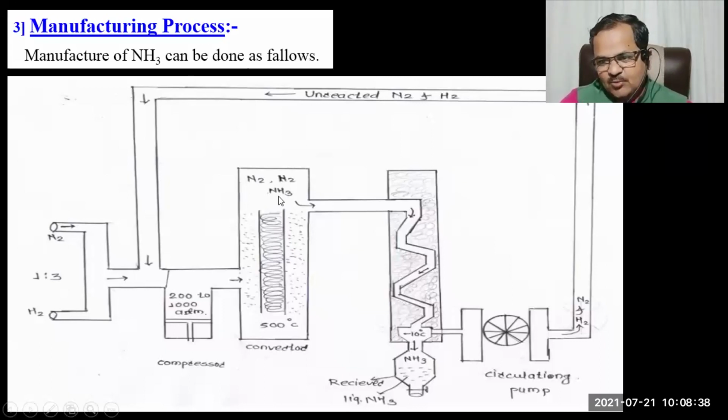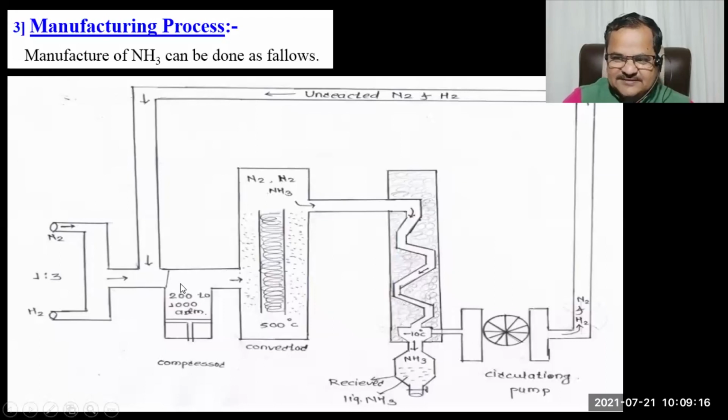So 8% ammonia and the remaining 92% unreacted N2 and H2 molecules are again brought into the condensing coil. Again here the NH3 gas gets converted into liquid NH3 and is separated into the receiver, while the unreacted N2 and H2 are transferred into the circulating pump, and this circulating pump sends these gases again to the compressor.